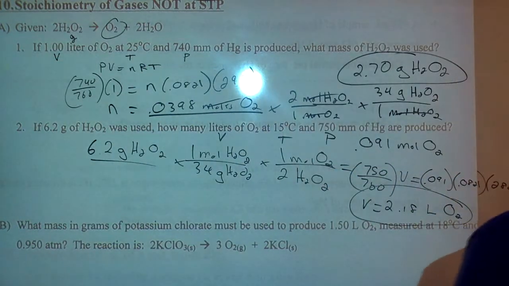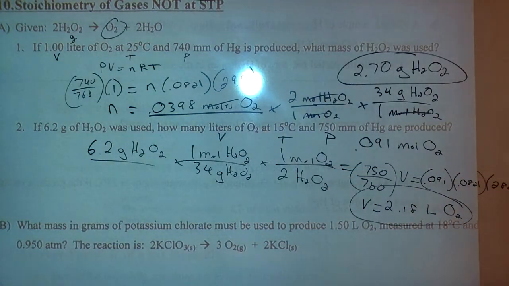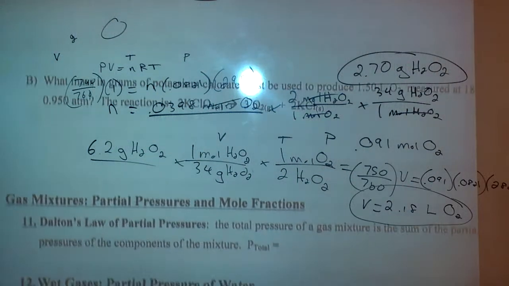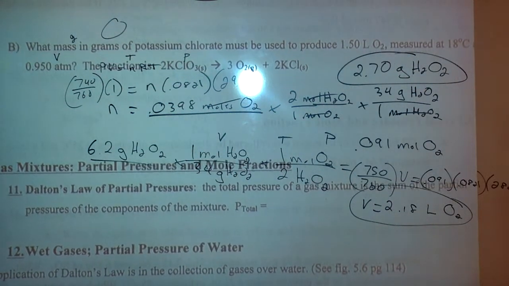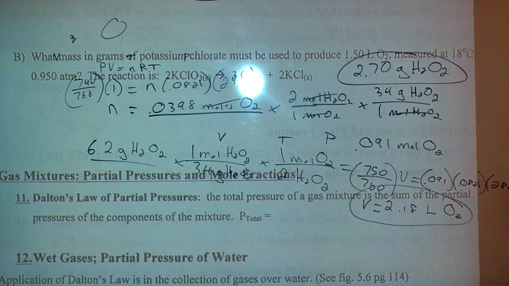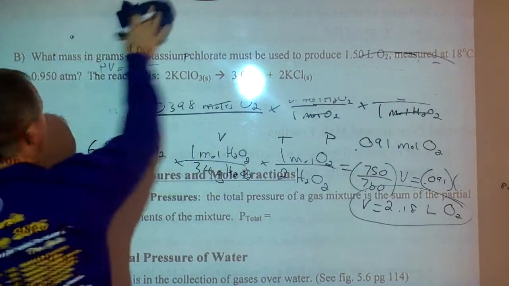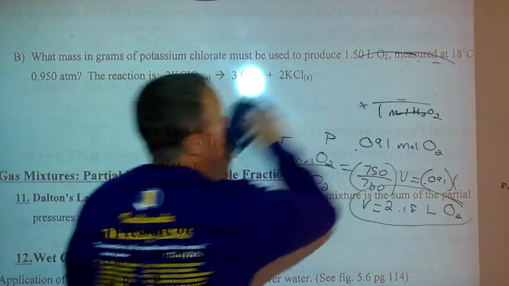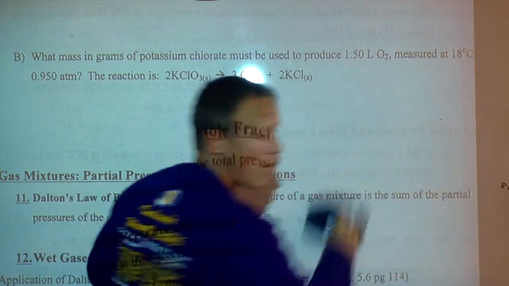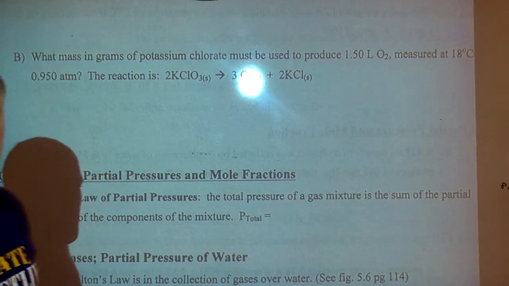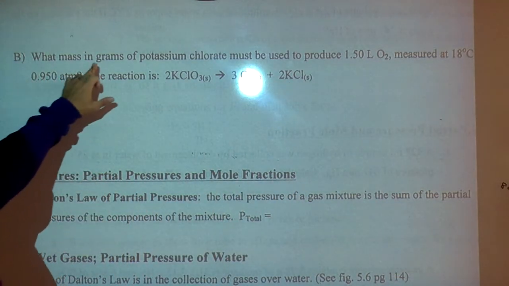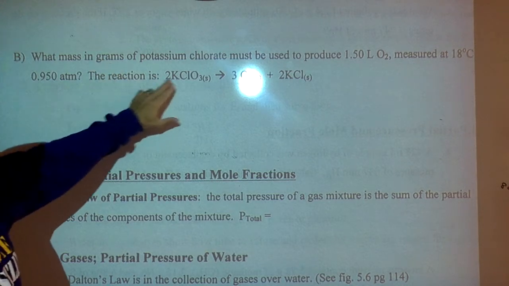Last one here. I'll move this up just a little bit. Last one, mass in grams of potassium chlorate, so we're using a different equation.